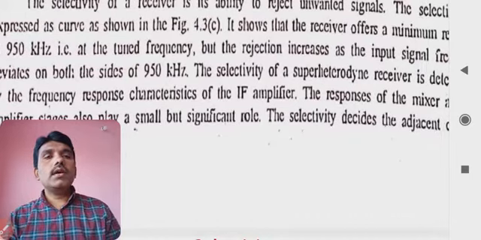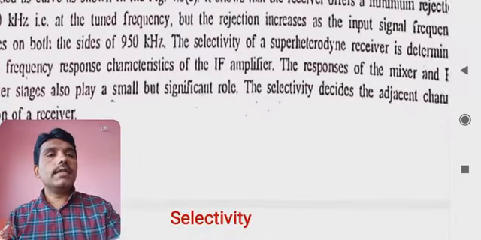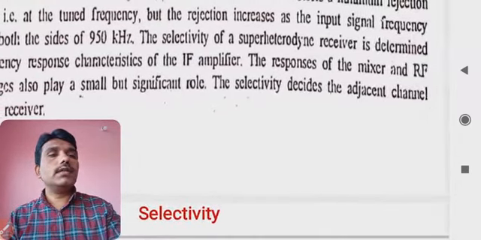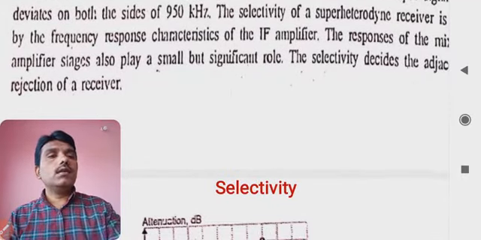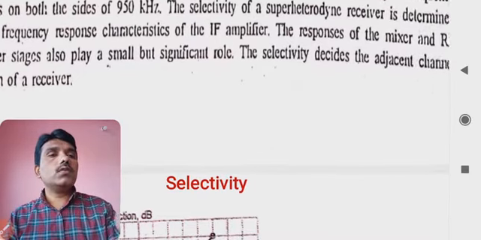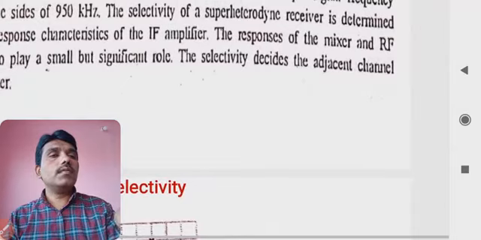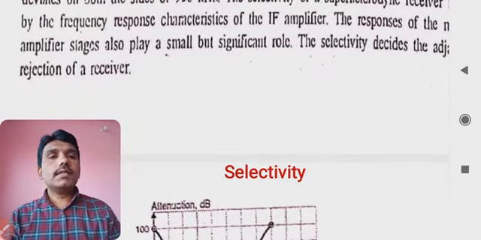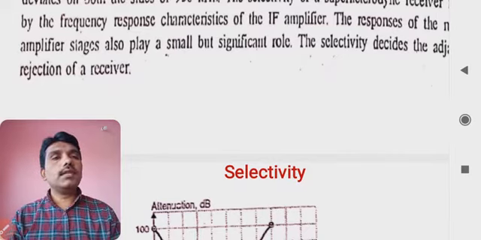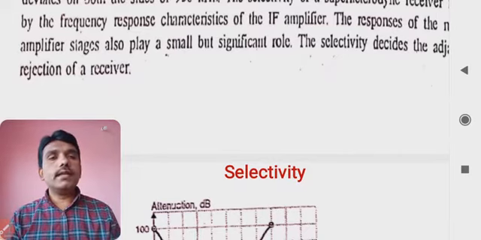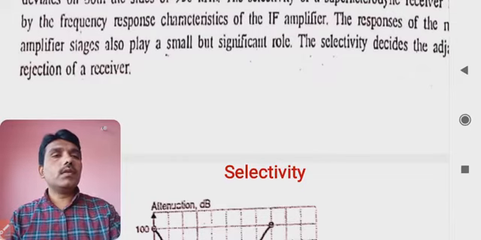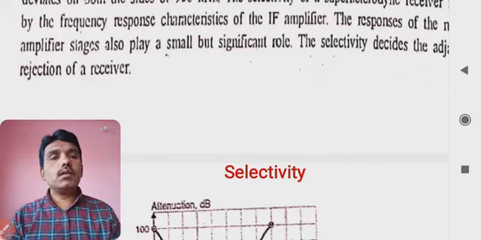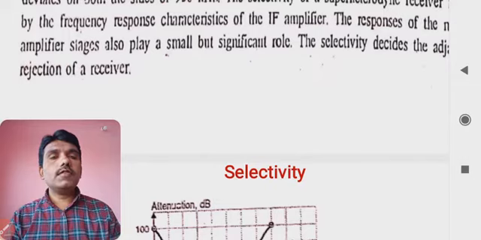Now, with the receiver tuned for 950 kilohertz, the selectivity of the superheterodyne receiver is determined by the frequency response characteristics of the IF amplifier. The IF plays a very important role here. The responses of the mixer and RF amplifier stages also play a small but significant role. In the superheterodyne, the IF amplifier and mixer use an intermediate frequency, which removes the drawbacks of TRF receivers.